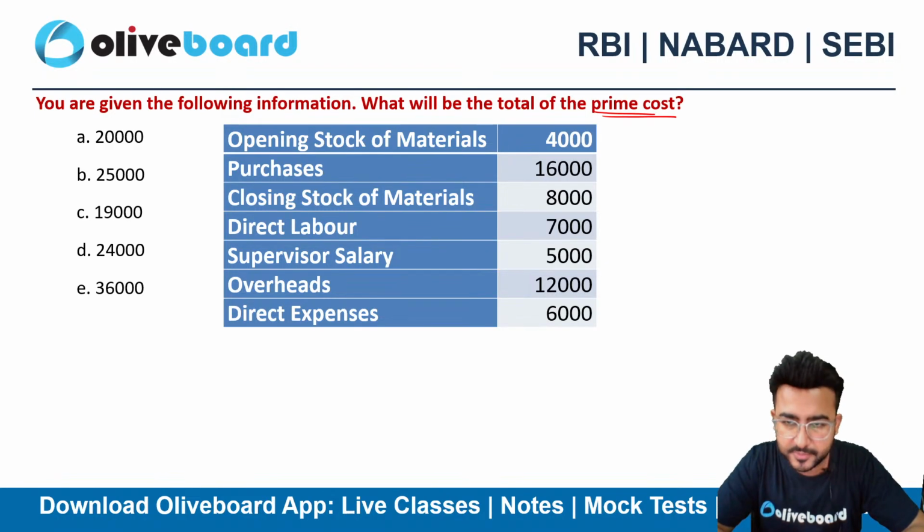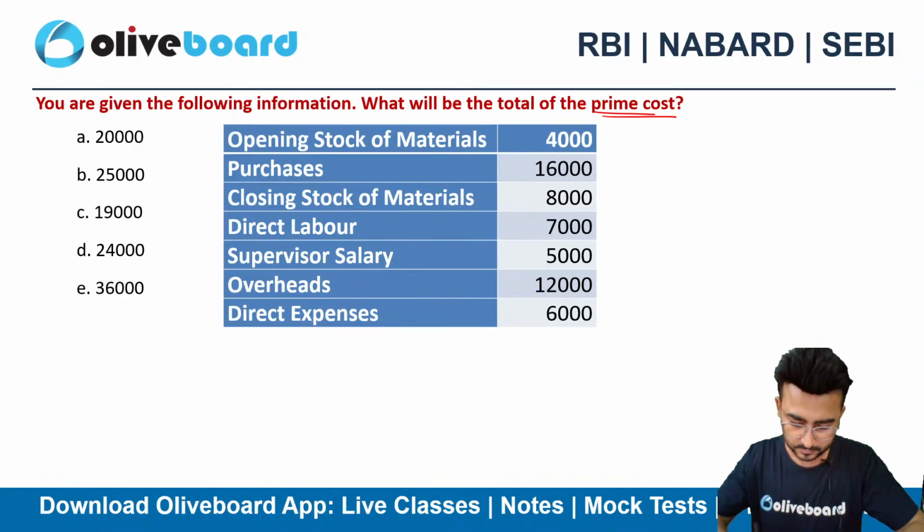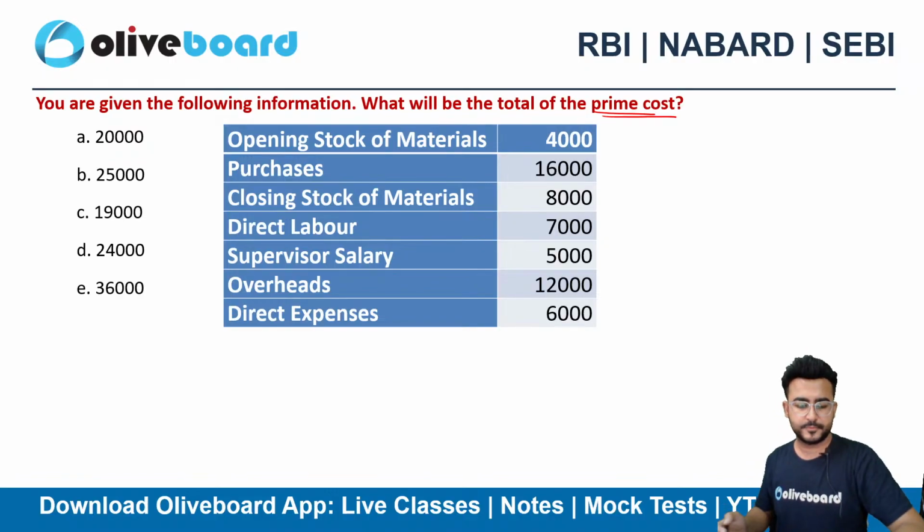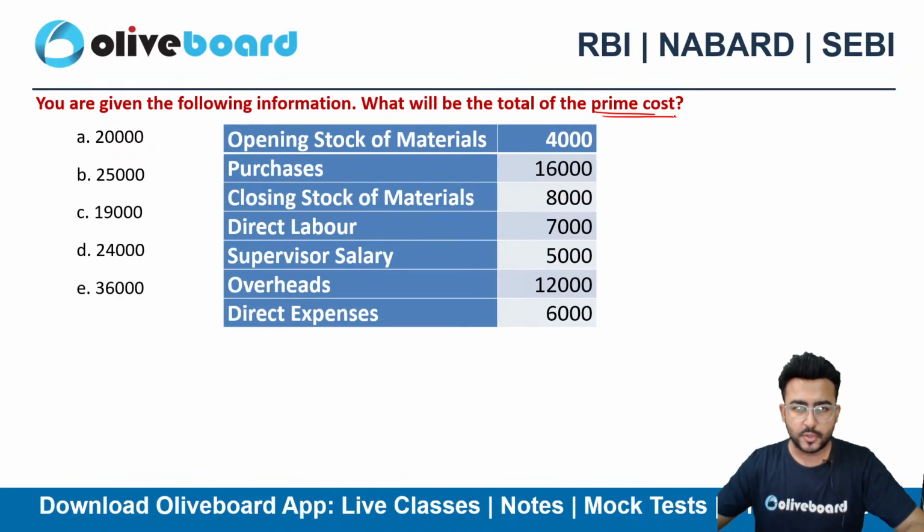I hope you guys remember the format of the cost sheet. Prime cost is also called primary cost. So here I need to take direct material, direct wages and direct expenses.